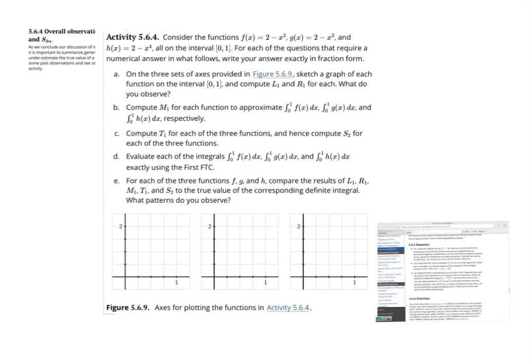And then the three integrals, you can actually do them. So you do them. And then for each of these, I want you to compare the results. What patterns do you observe? So pause the video, give that a try, and then come back.